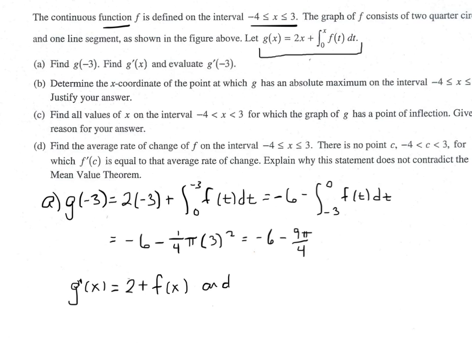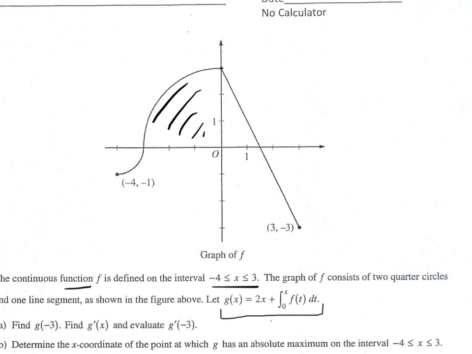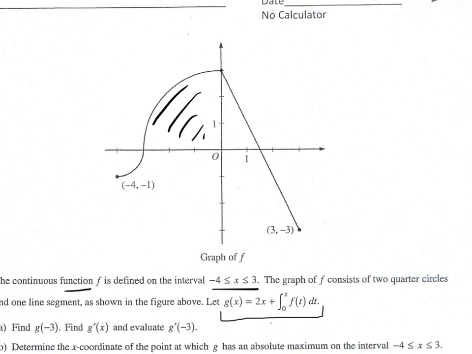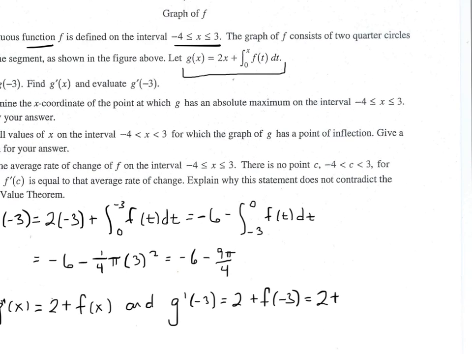And now we have to find g prime of -3. So g prime of -3 is equal to 2 plus f of -3. This is f. Here's -3. So f of -3 is 0.